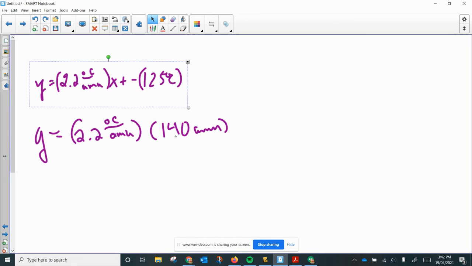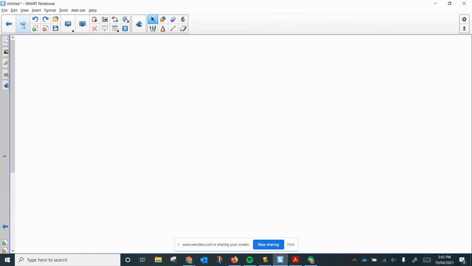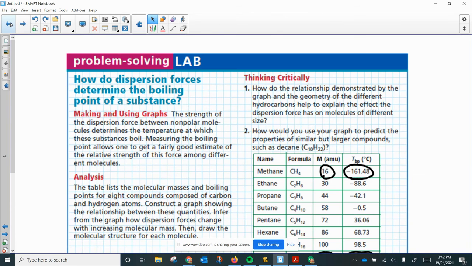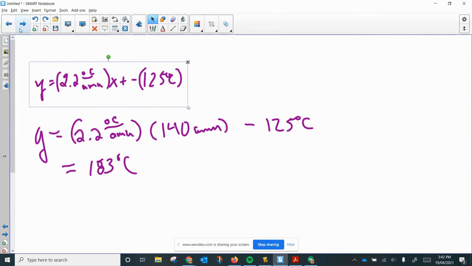That's the atomic mass of decane. 183 degrees Celsius, which is pretty darn close to decane, if I'm not mistaken.